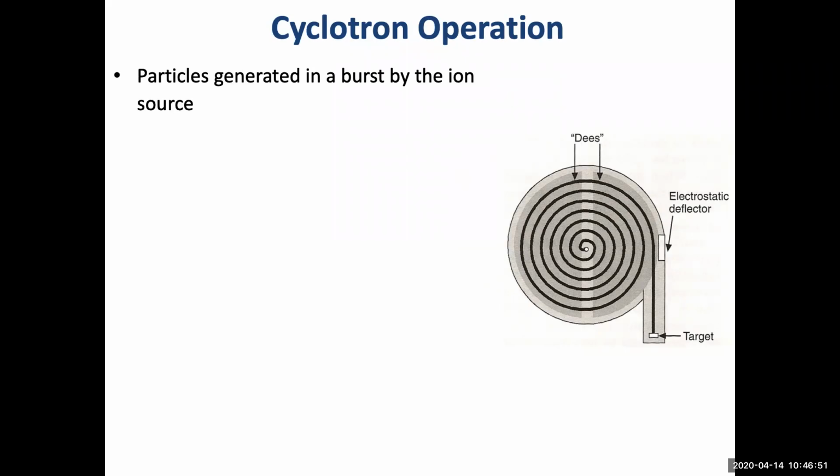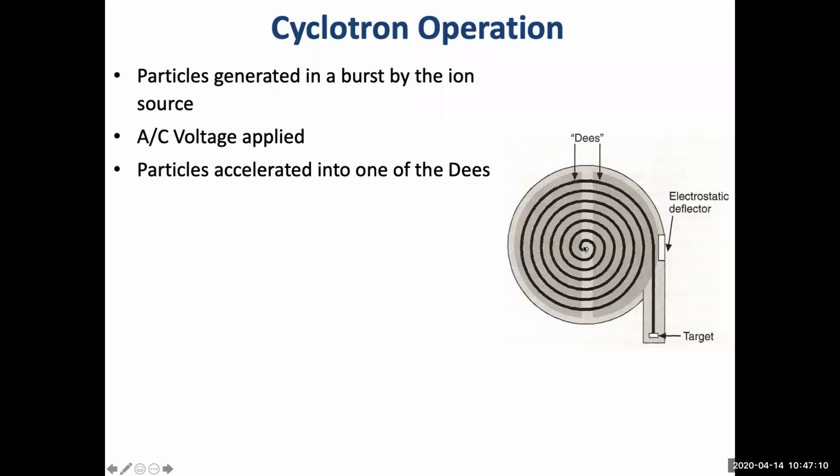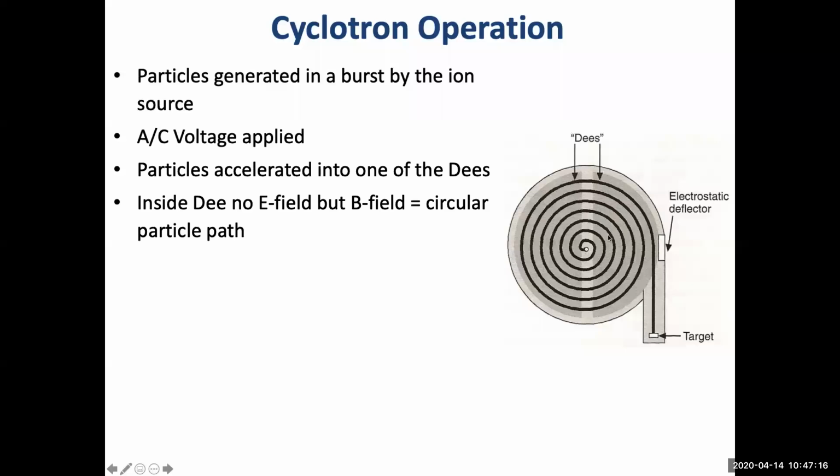To produce the desired radionuclide, a small packet of particles is generated in a burst from the ion source here. You create the particle in this ion source. AC voltage is applied, then the particle is accelerated into one of the two Ds.